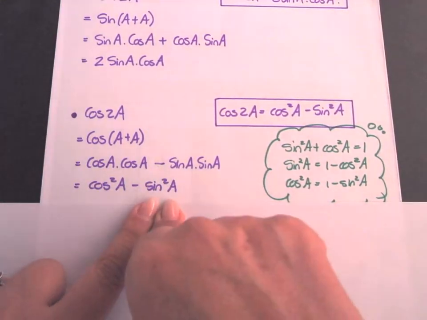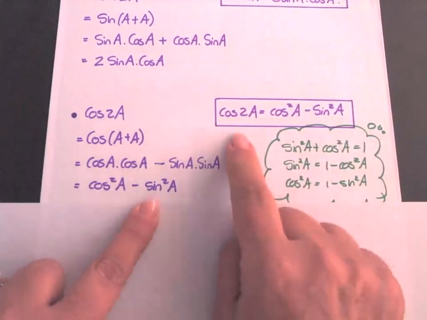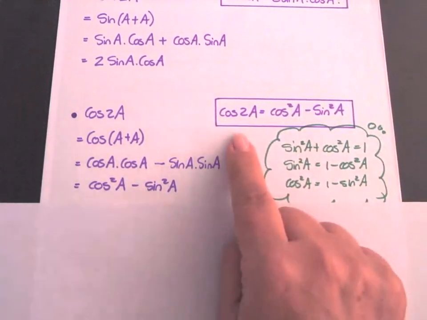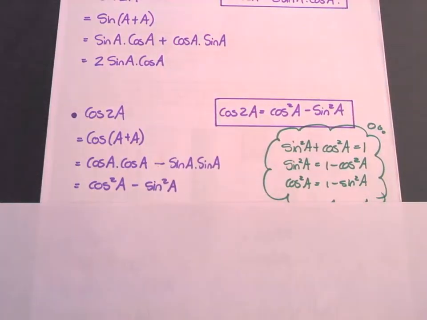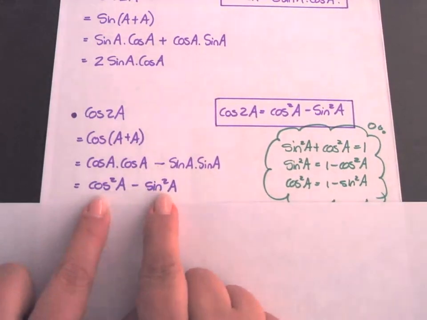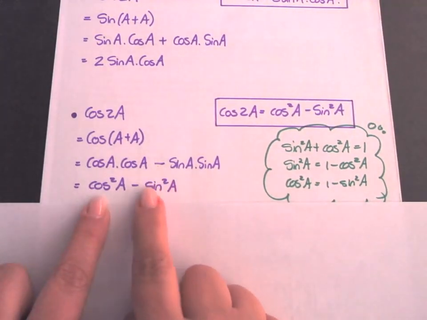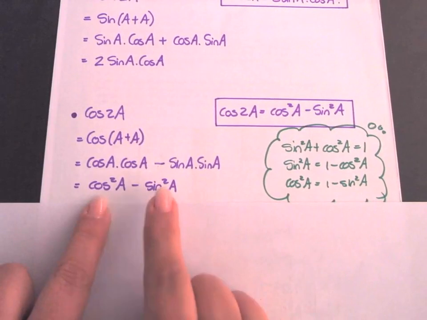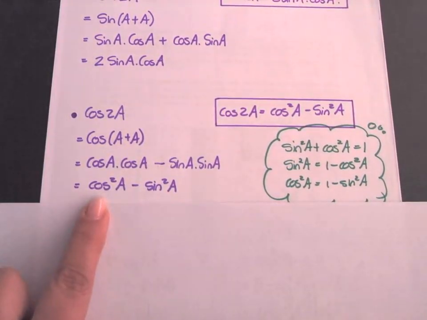So that is the one formula for the double cos. Now let's say the question reads, your answer must be in terms of cos, or your answer must be in terms of sine. Then we have a problem here. Because if it's in terms of cos, this one is a sine. And if the answer is in terms of sine, this one is wrong.